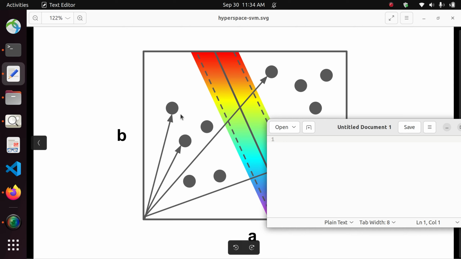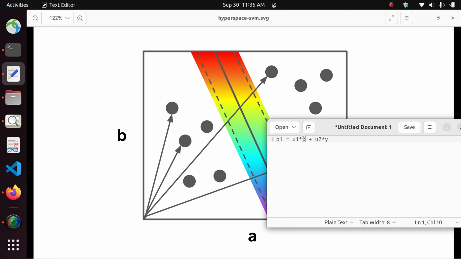So let's say we're looking at point 1. Point 1 would then be a linear combination of the unit vector, which is called unit vector 1, times the magnitude x1, plus unit vector 2 times, let's just say x and y.